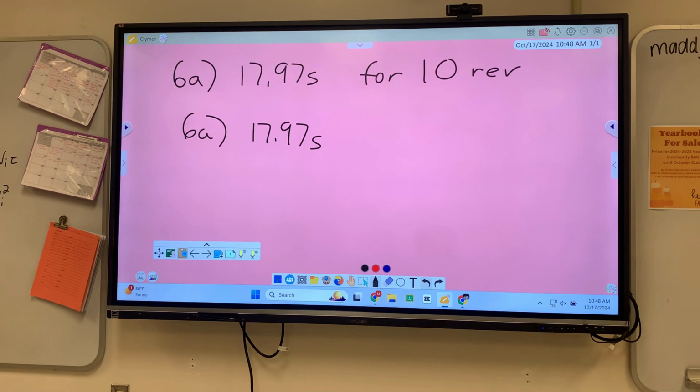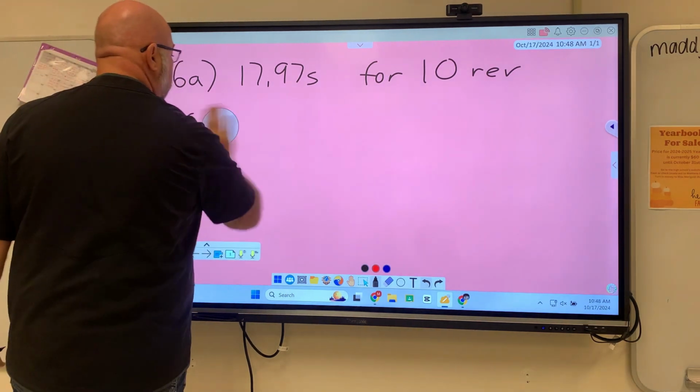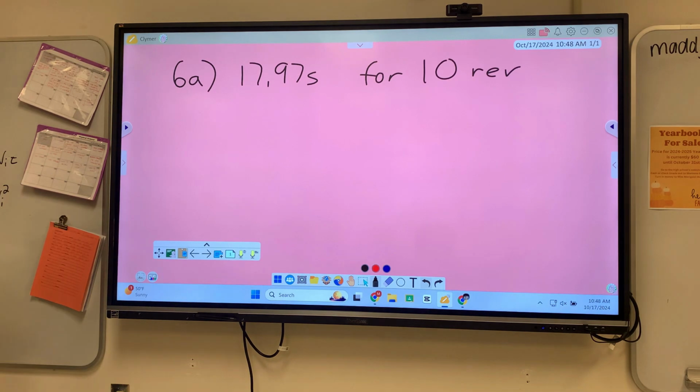A better improvement, a full description of what you're measuring, would be 17.97 seconds for 10 revolutions. Because invariably, and you know this by now, you're probably going to need that data for number 7 or number 8 or number 10, whatever the investigate is. So make sure you're being thorough with what exactly that 17.97 represents.